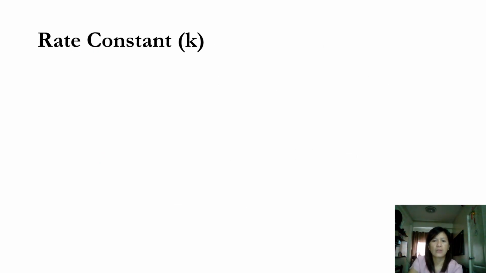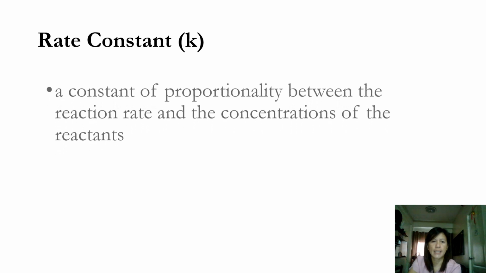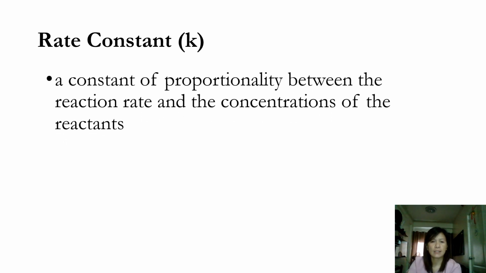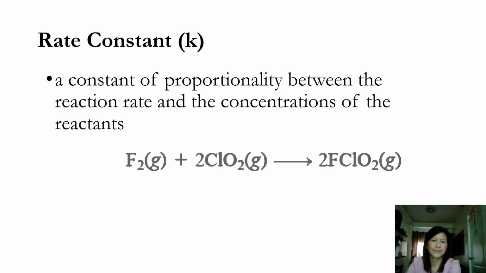Let's now have the rate constant denoted by small letter k. The rate constant is a constant of proportionality between the reaction rate and the concentrations of the reactants. So expect a direct proportion relationship between the reaction rate and the concentrations of the reactants, not of the products. Let's have this simple chemical reaction.